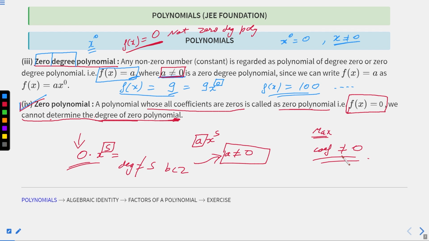Then only will you be able to find the degree. So here it is not a zero degree polynomial, and in this case the degree cannot be determined. I hope this is clear. So let's move to next.